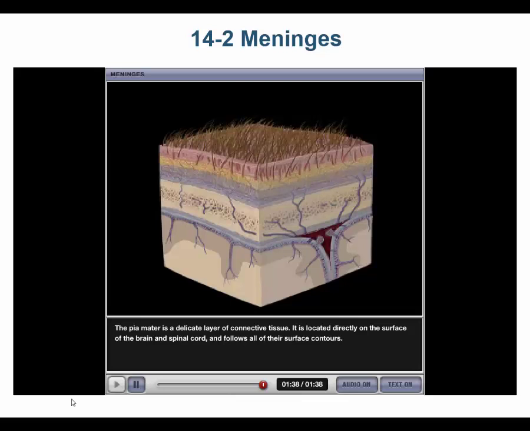You might even see the arachnoid mater relatively easy, but the pia mater is tightly adhered to the brain, and it is what gives the brain that shiny appearance you're going to see. And you probably could tease it away, but you're not going to be able to tease it away and get an intact membranous structure on your forceps. It'll peel away in pieces. It is tightly adhered to it.